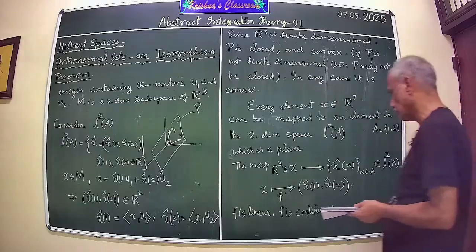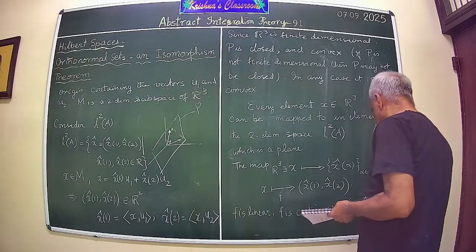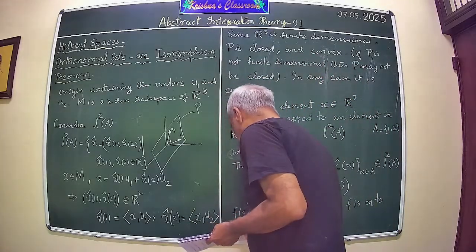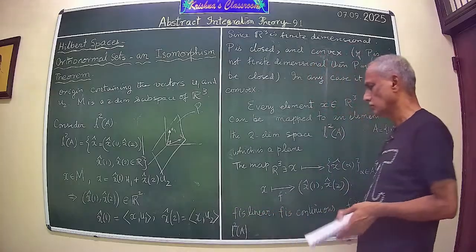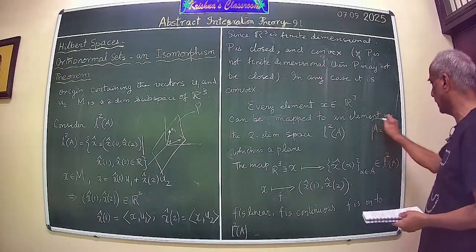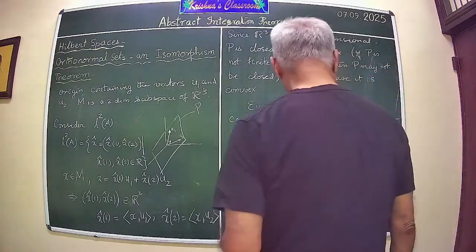And F is onto L2A, where A is of course taken as {1, 2}.